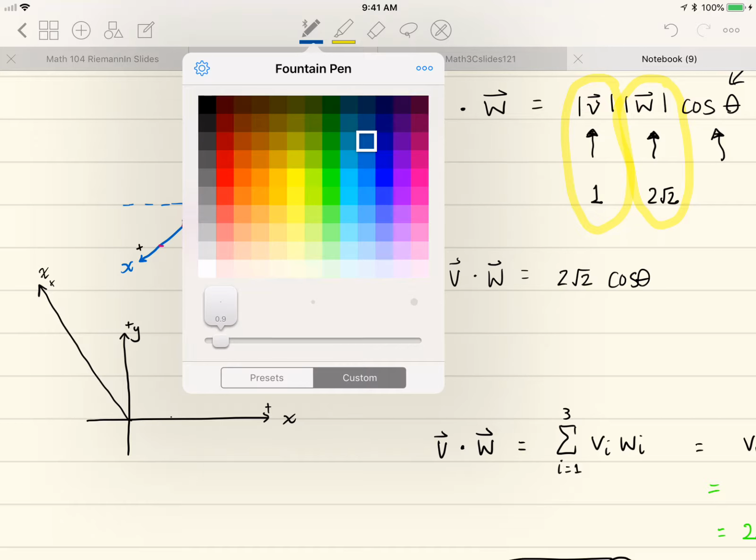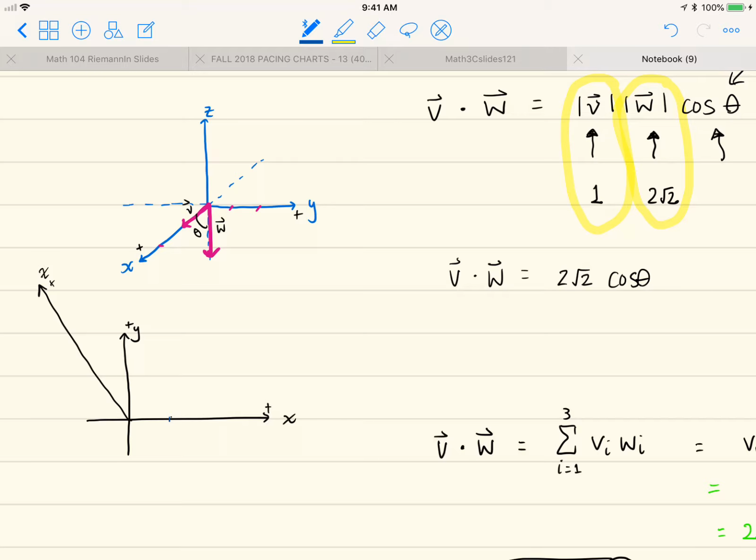Let me do a different color. So here's 1, and I've got v, which is here. And I've got w, which is 2, 2, 0.